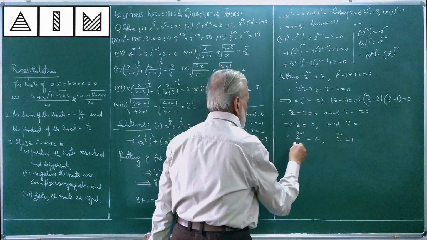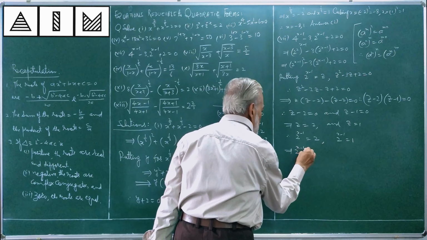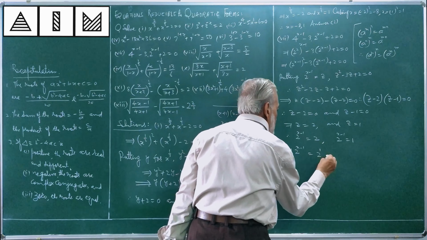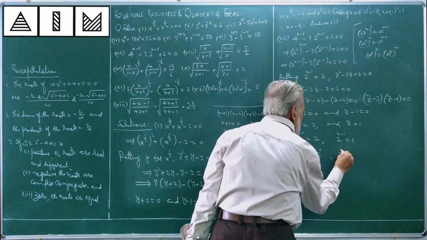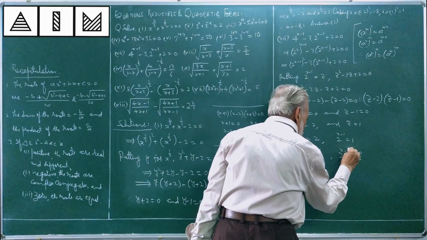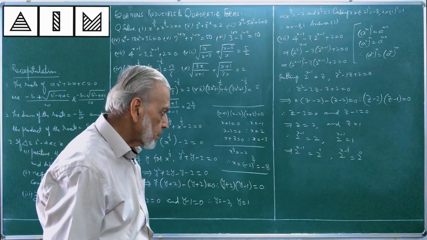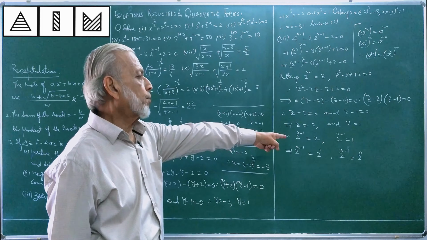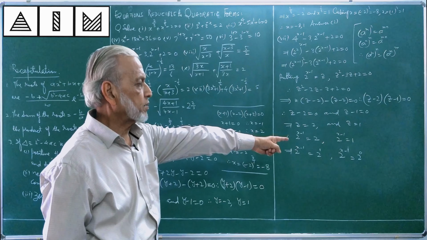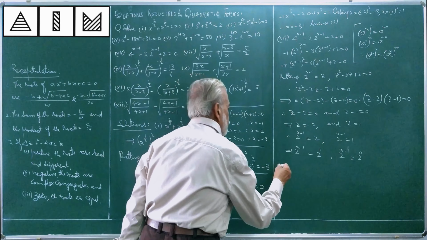I am rewriting this step, please see carefully. 2 power x minus 1 is equal to 2 power 1. 2 power x minus 1 is equal to 2 power 0. 1 is written as 2 power 0. Now please see here.